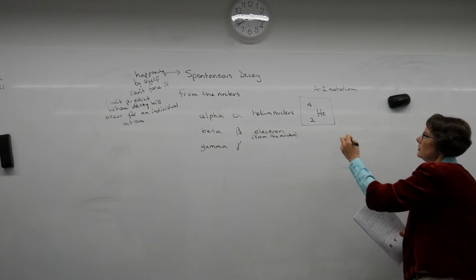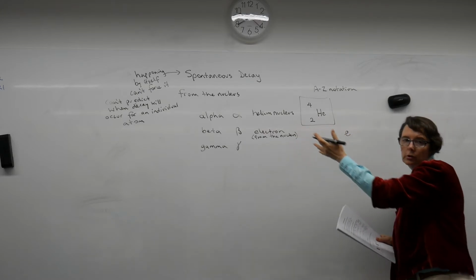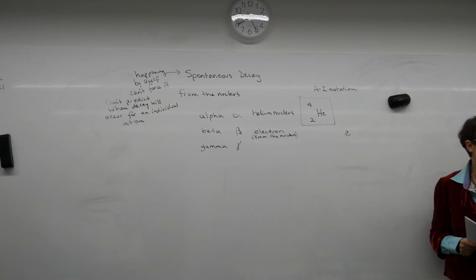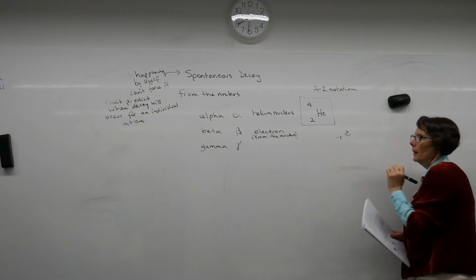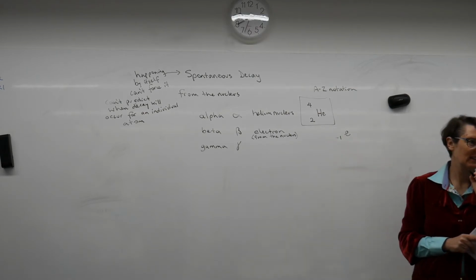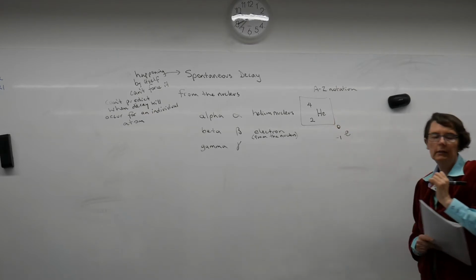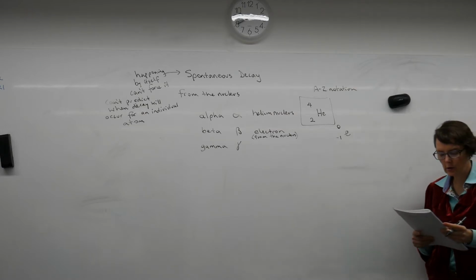Well, we can either use a little lowercase e for an electron, or we could use the beta symbol. Well, what's the charge going to be? -1. And what's the mass? 0. So writing it this way helps us balance our equations.